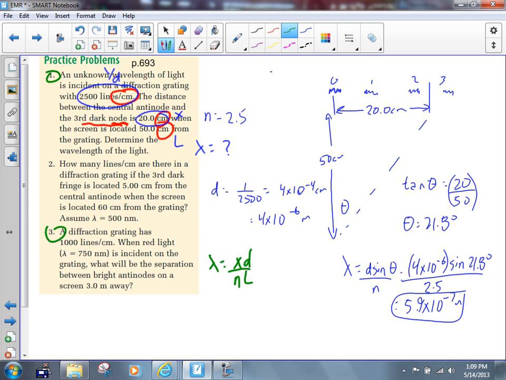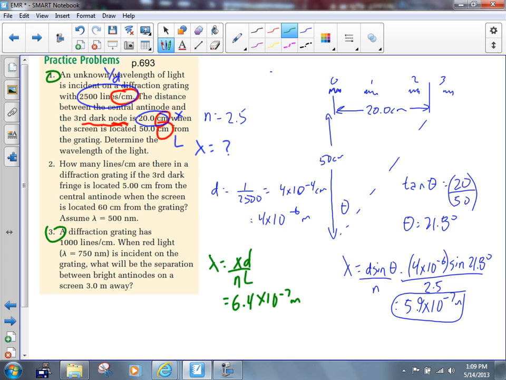What did they end up getting? Times 10 to the negative 7. So you can see you're in the same ballpark there, but if you use that equation with such a big angle, 21.8 degrees, clearly it doesn't give you the right answer. Assuming that is the correct answer, that is.